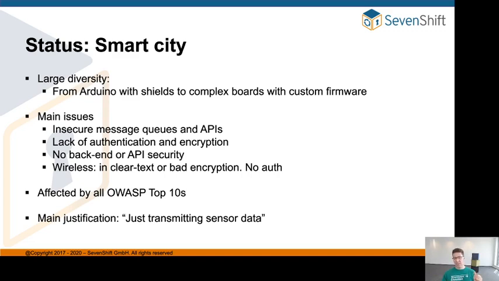And the main justification here is that we're just transmitting sensor data, right? Which makes it seem non-critical. Sensors in a parking garage: if someone fakes them all and tells that the car garage is full and nobody can come in for a couple of days, it's just sensor data, but it will be very expensive.